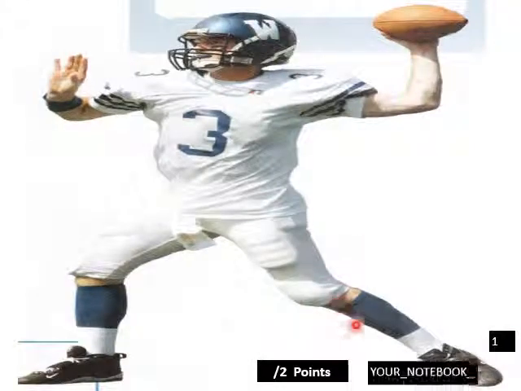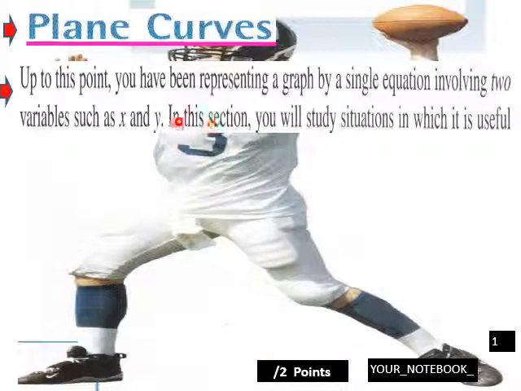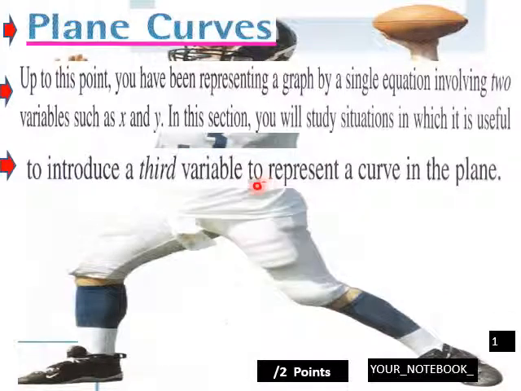Into our lesson today, page 1, plane curves. Up to this point, you've been representing a graph by a single equation involving two variables, such as x and y. In this section, you will study situations in which it is useful to introduce a third variable to represent a curve in the plane.